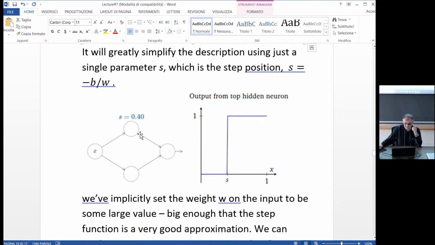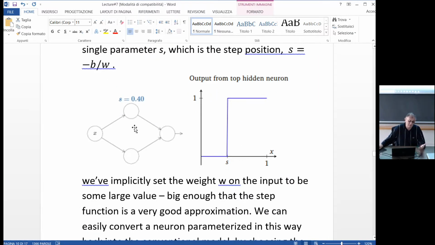So x goes to this neuron which has the step s equal to 0.40. So it is 0 until the point s equals 0.40, it jumps to 1 and then remains constant. And we have only one parameter.